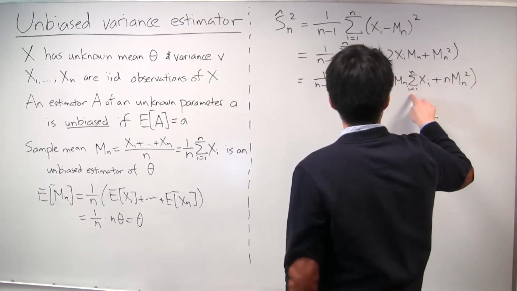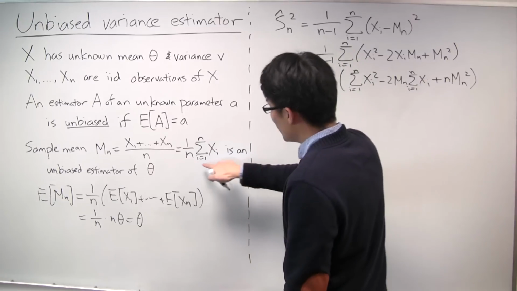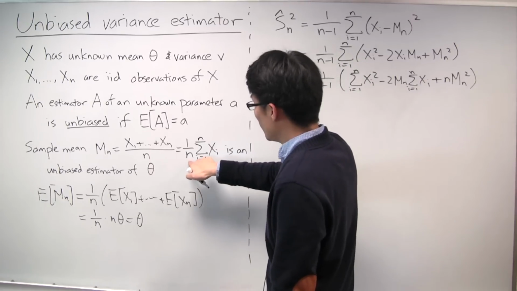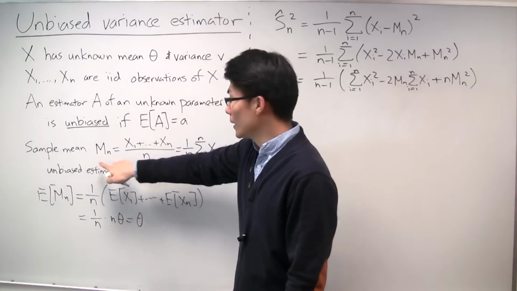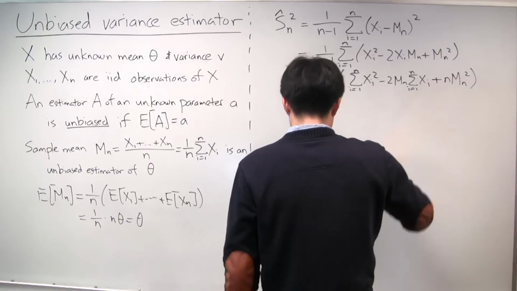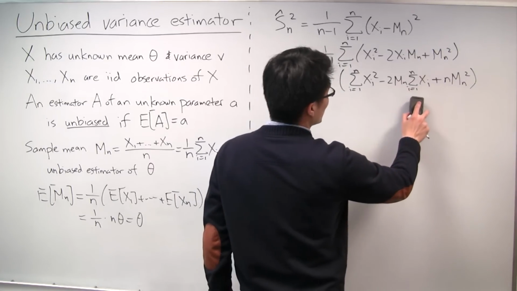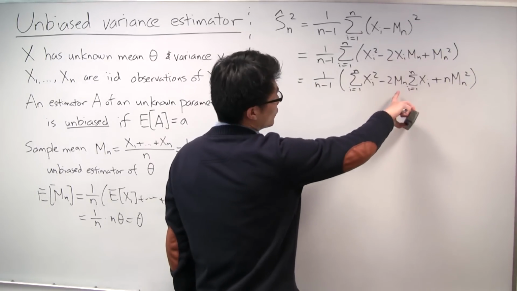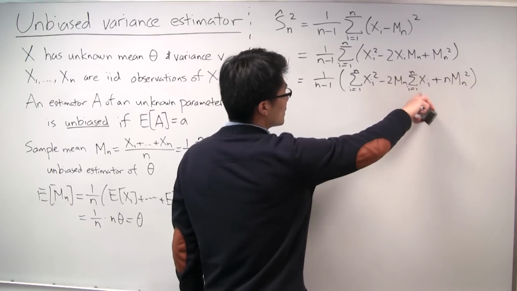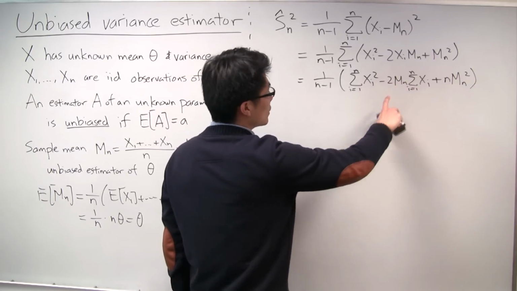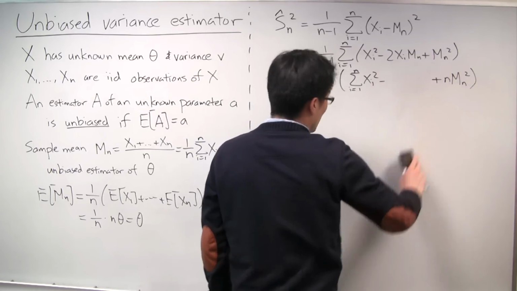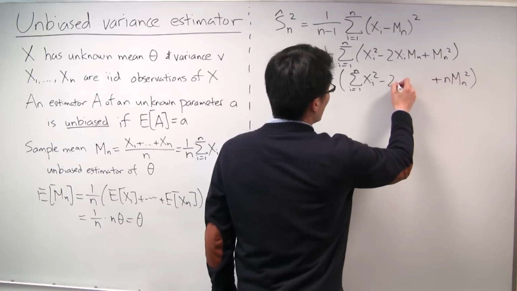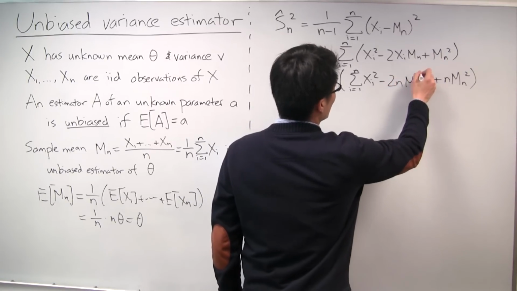Well, we know that the sum of the xi's is actually just equal to n times mn. So let's substitute that in to try to simplify this even more. So we have 2 times mn times n times mn, which gives us 2 times n times mn squared for that.